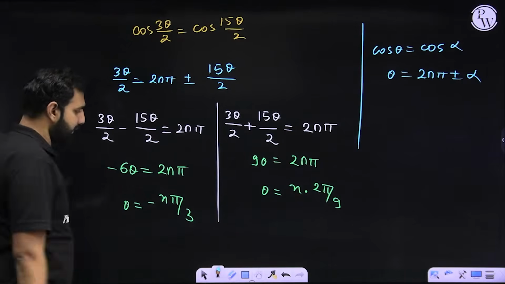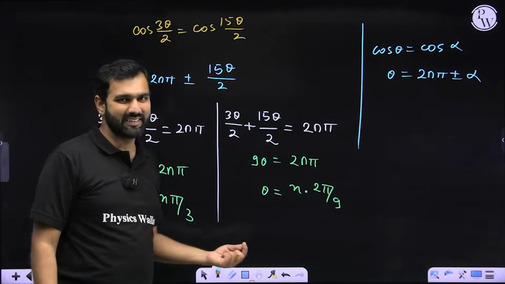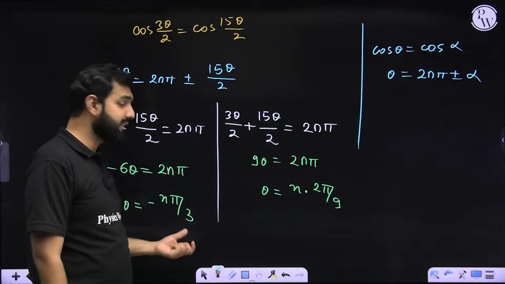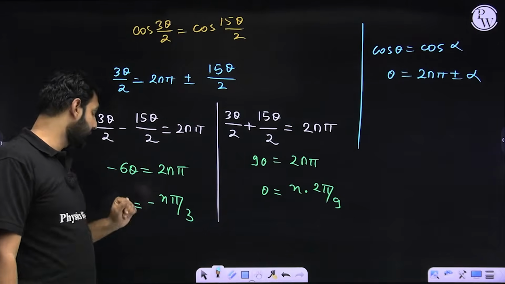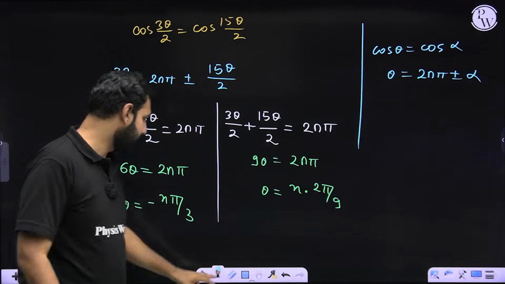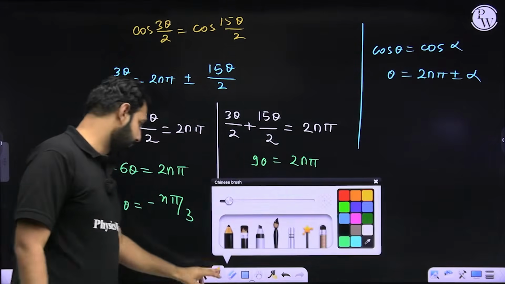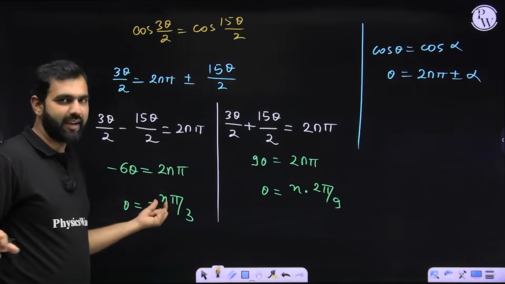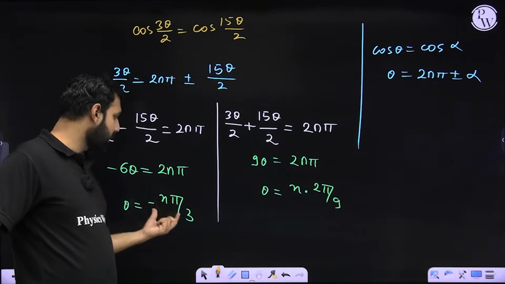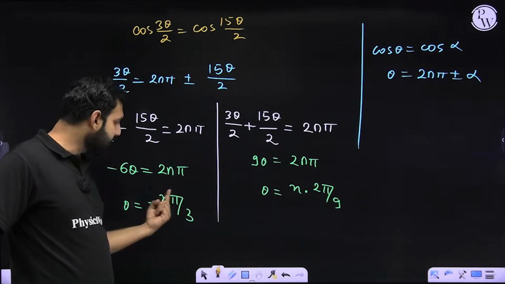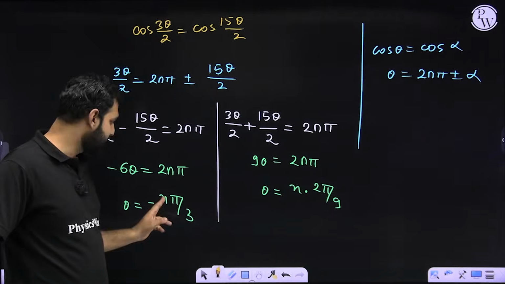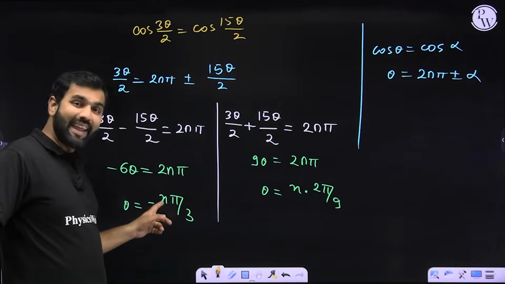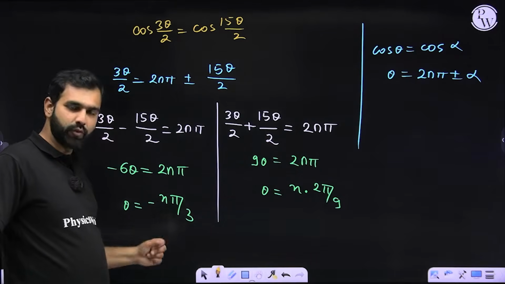What is pi by 3? We know pi by 3 is 60 degrees. I'm just trying to think what values of n will help me get that. Please understand, if I take the value of n as 2, this will be minus 2 into 60 degrees, which is minus 120 degrees. So I cannot take n as 2. So I'm restricting it to 1. If I take n as 1, it will be minus pi by 3, which means minus 60 degrees.